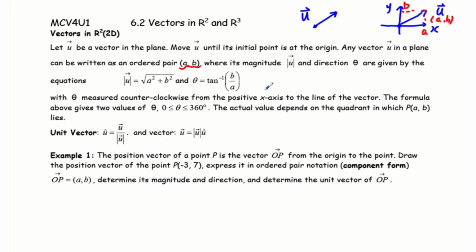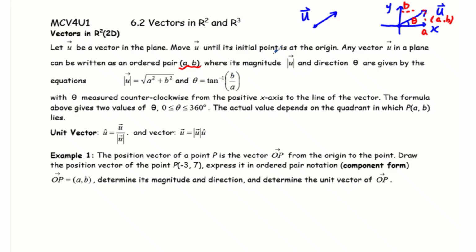With algebraic vectors, its magnitude, we use the absolute value of U, is the length of that vector, and the direction theta is given by the equation opposite over adjacent.